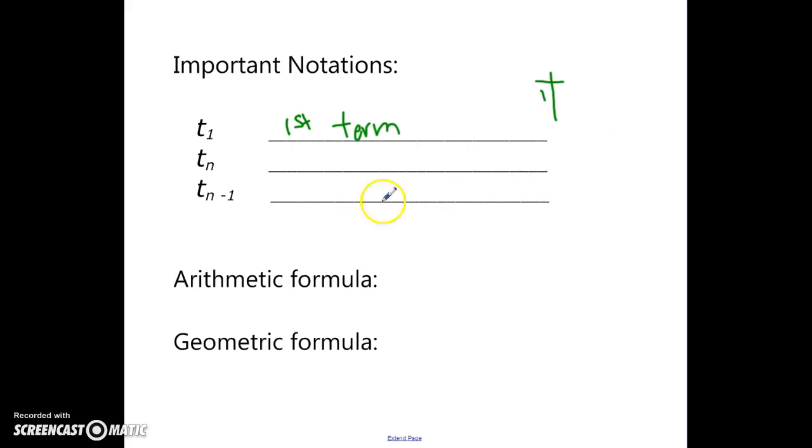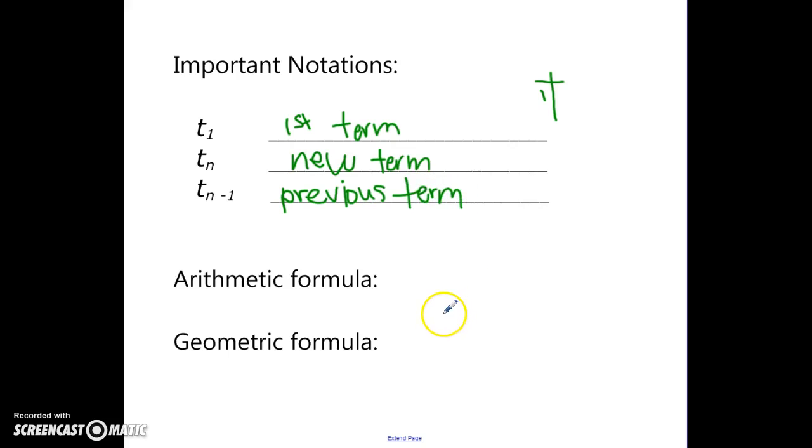That's your first term. Tn means a new term. It's been a while since we did a video. My handwriting is suffering. And then Tn minus 1 would be the previous term. And I will show you where those terms are located.